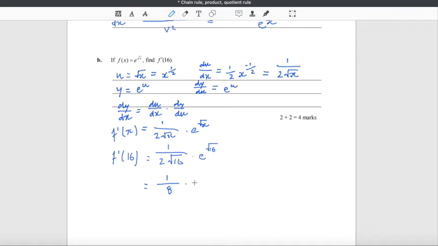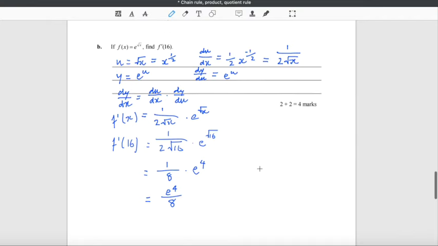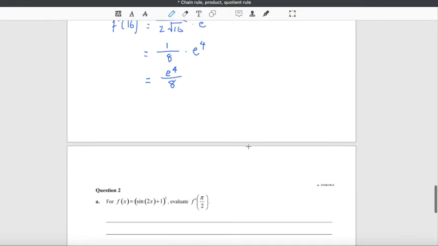So 1 over 8 times e to the power of 4. If we want to write it nice and neatly, e to the power of 4 over 8, because we just multiply that into the numerator. And that's that question done. Get you some more 2 marks.